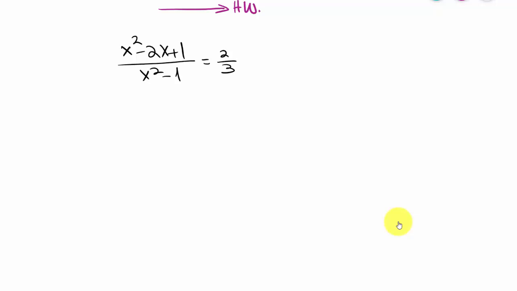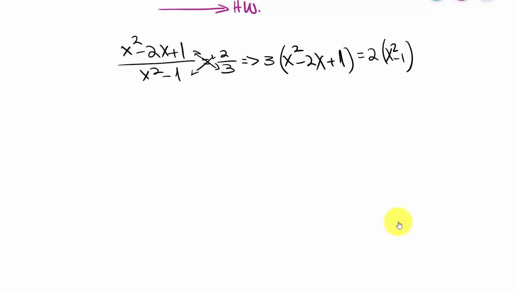Now again, using the fundamental property of proportions, I can write that the product of these two is equal to the product of these two. That's nothing but 3 times x squared minus 2x plus 1 is equal to 2 times x squared minus 1. Simplifications: 3x squared minus 6x plus 3 is equal to 2x squared minus 2.